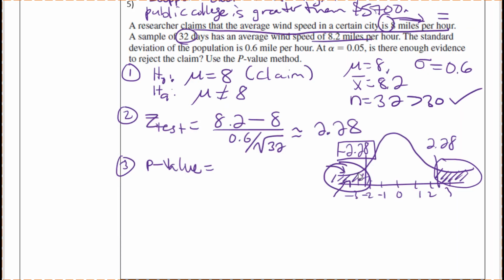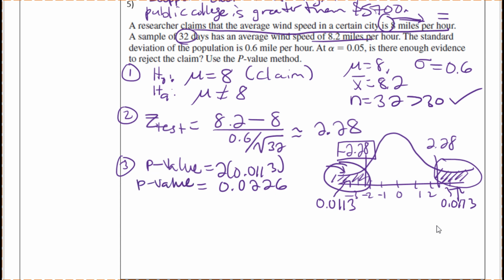So this right here is 0.0113, I believe. Let me double check that. Okay, which means that this is also 0.0113, so we can double it to get our p-value. So this is 0.0226 as our p-value. All right. Step 3 is done.